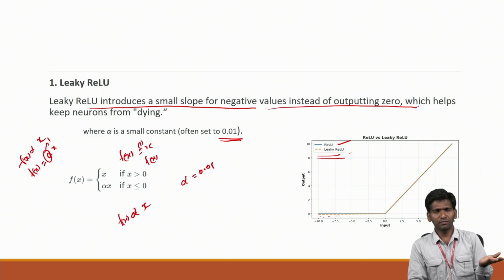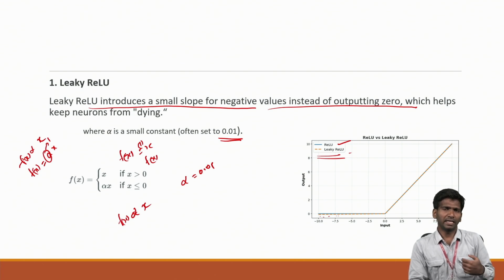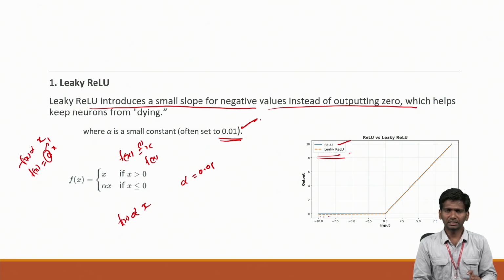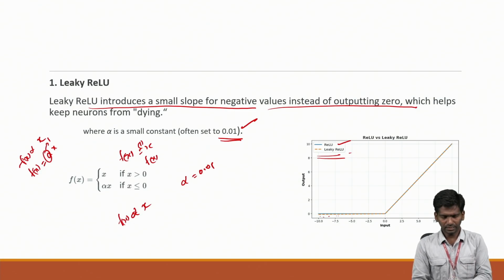So the negative values are also considered here. Instead of directly not allowing the negative values or the neurons which are having 0, instead of avoiding them, we are setting up a parametric value, which is 0.01. With this parametric value, the negative values will also be considered.